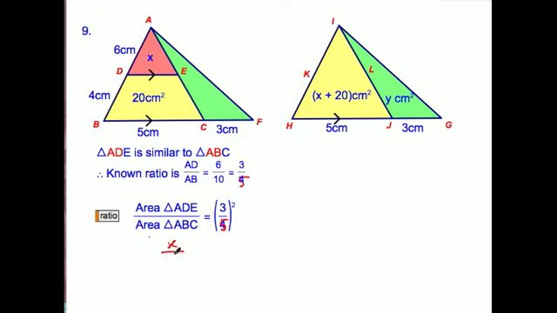Here we have x over x plus 20 equals 9 over 25. And cross multiplying, we have 25x equals 9x plus 180. In simplifying this, we have x equals to 11.25.